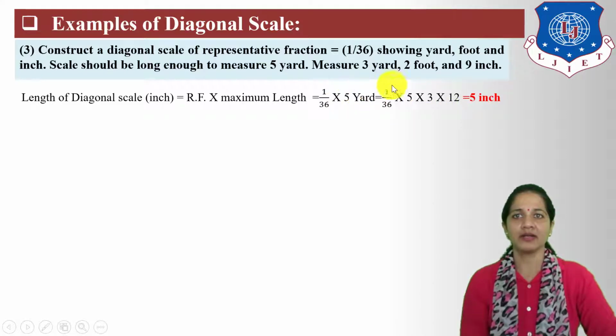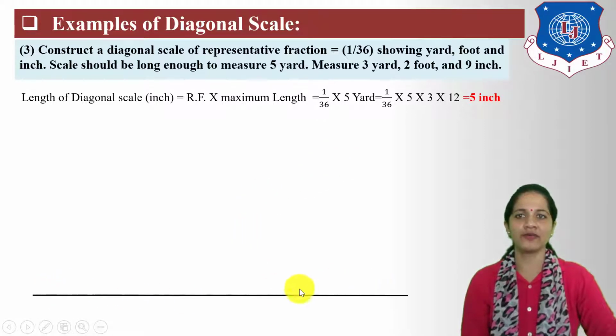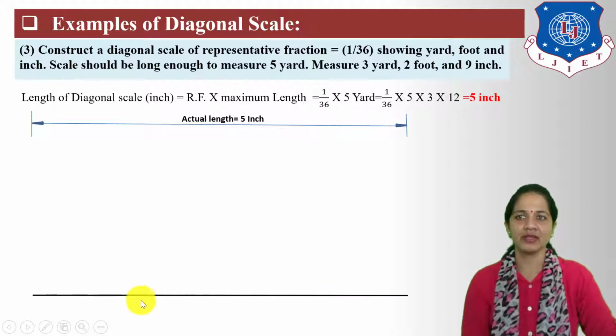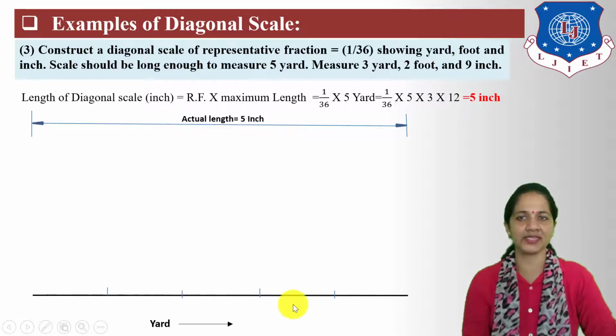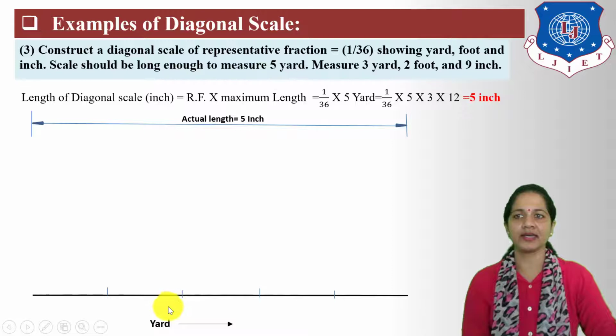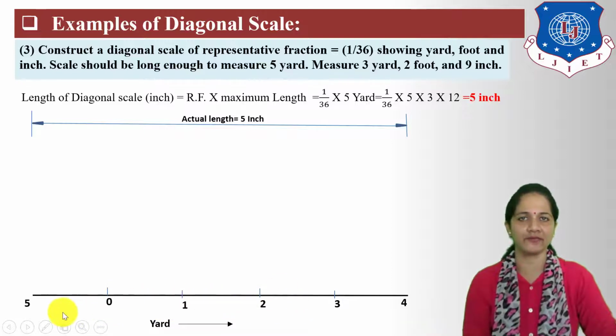Find the answer in inch. So maximum length in inch is equal to 5 inch. Next draw a 5-inch line, which indicates maximum 5 yard. This 5-inch line is divided into equal 5 divisions and marked with yard divisions as 0, 1, 2, 3, 4 and 5.